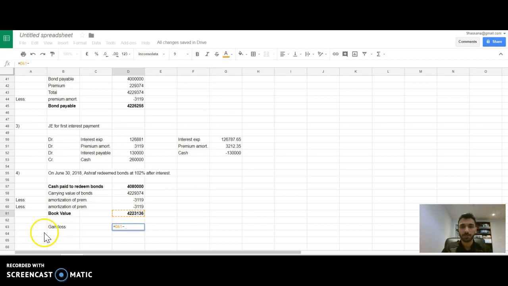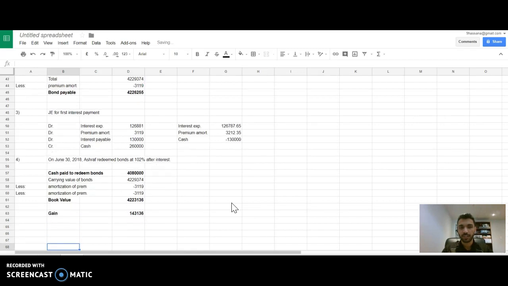Our bonds to us are worth 4.2 million as a liability, but we're only paying just a little under 4.1 million for our bonds. So since we have to pay less for a liability, in this case, you're recognizing a gain. So the gain amount is 143,136. All right, so in this case, we know it's a gain. There we go. That's our gain.